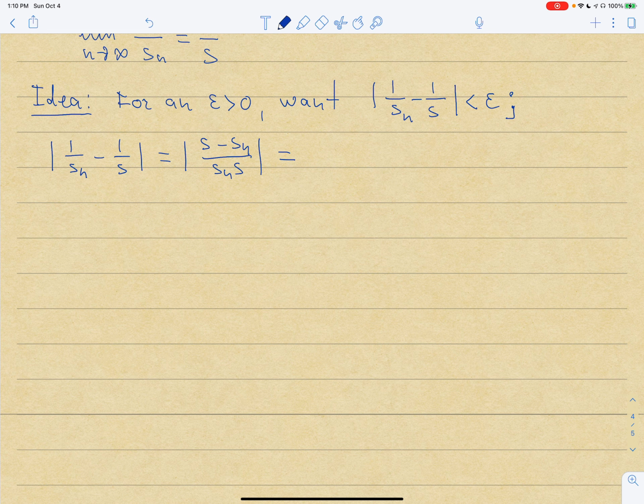And I can also interchange Sn and S because absolute value of Sn minus S is the same as absolute value of S minus Sn. So this is the same thing as absolute value of Sn minus S divided by absolute value of Sn divided by absolute value of S.